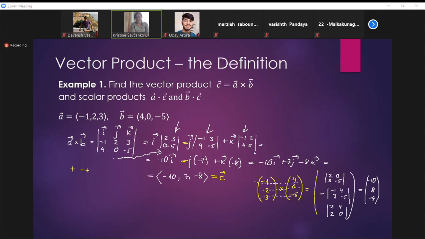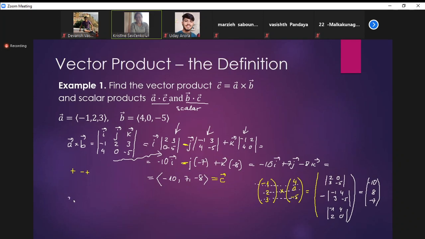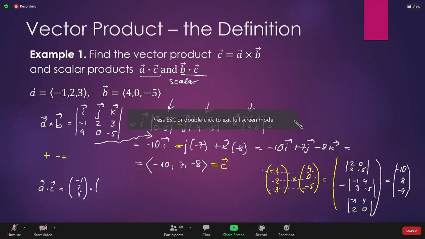Now for the second part, A times C and B times C, but please note these are dot products. These are scalar products. So this would be the old approach. A times C means I need to multiply, I could say vertically again, why not? -1, 2, 3, dot, because this is a dot product, times the vector C, which is, as we saw, -10, 8, -7.